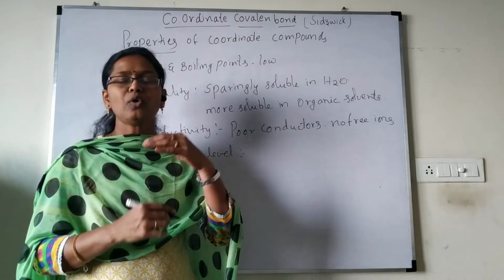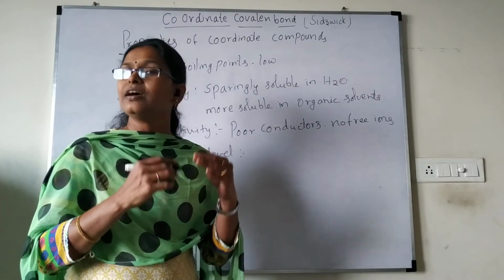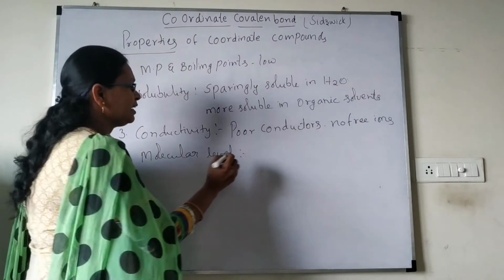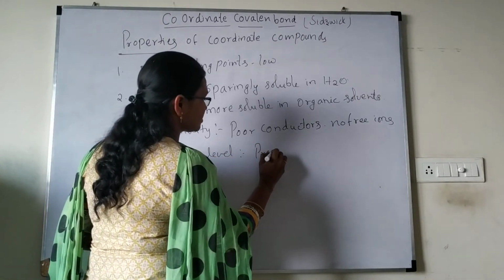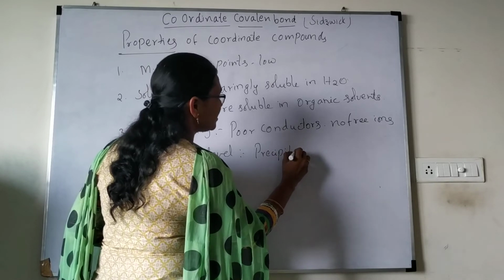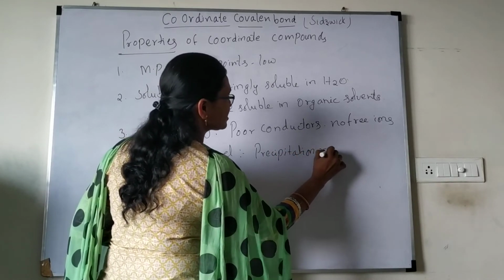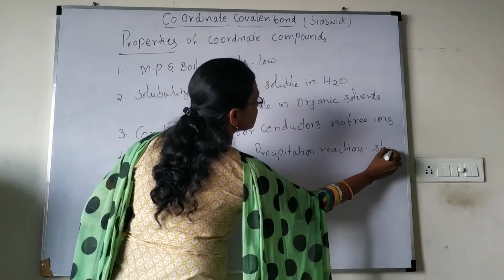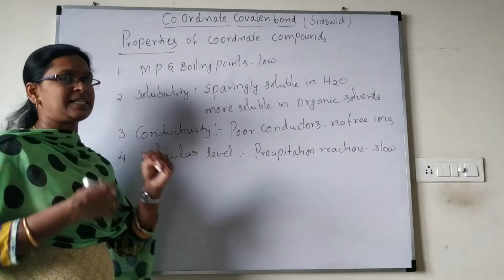Covalent compounds can also form precipitation reactions, but they are very slow. There is no fast reaction.